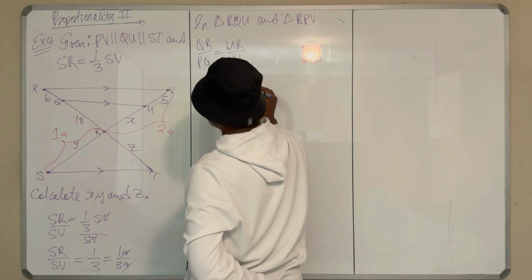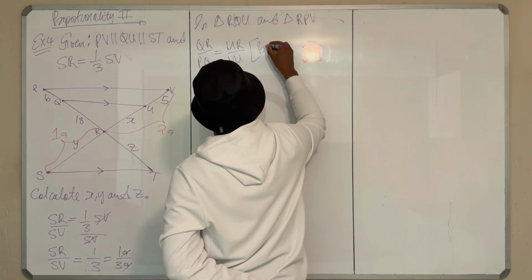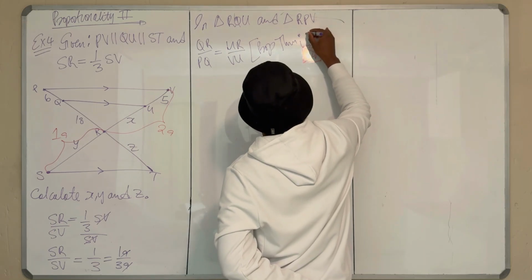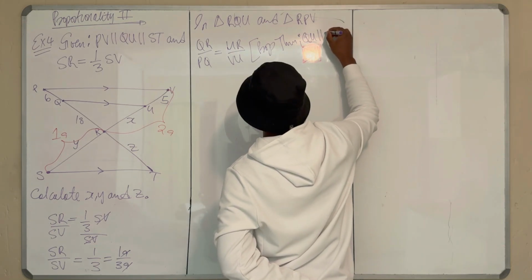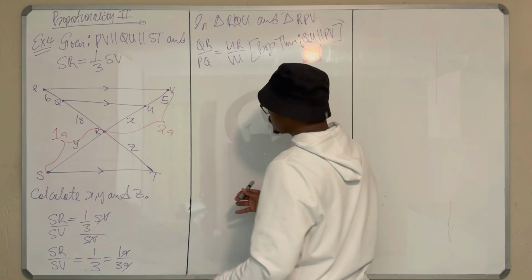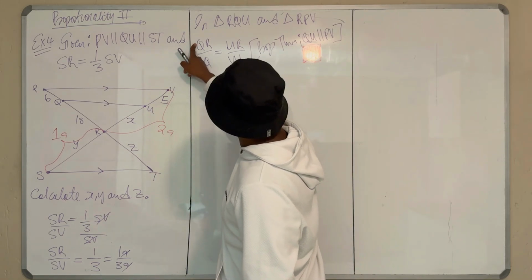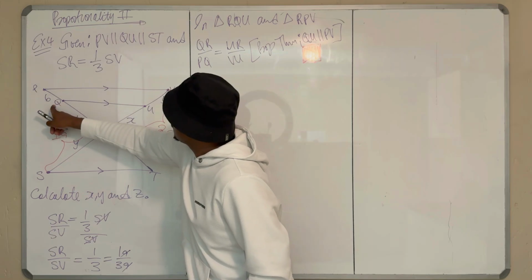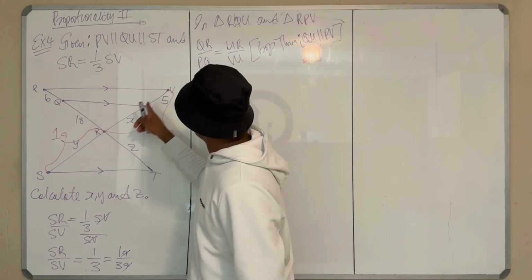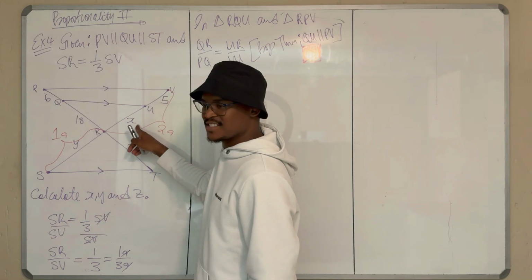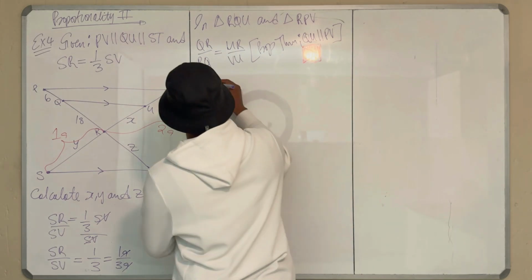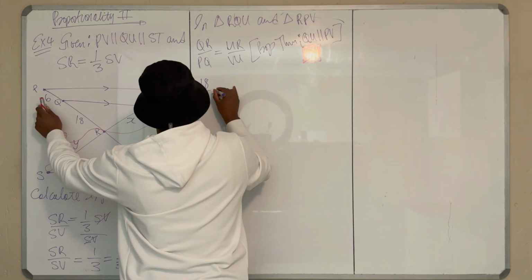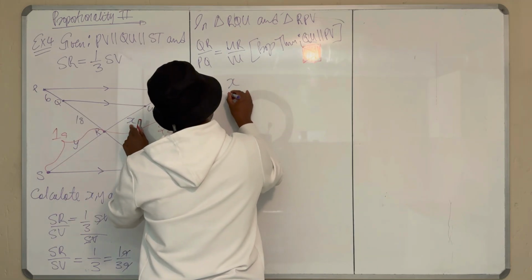Do you agree? This is the proportionality theorem. Why are we applying it? It's because QU is parallel to PV. So QR over PQ is equal to UR over VU. We want X, so we say QR is 18 over 6 is equal to X over 5.